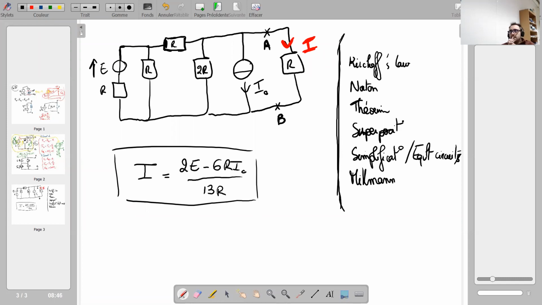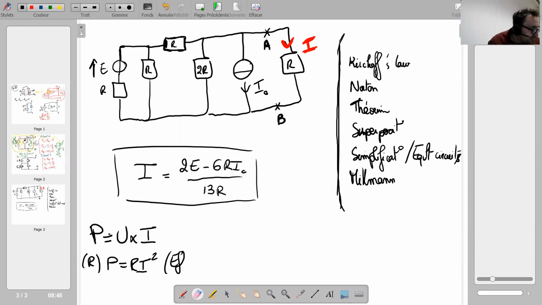It again equals the voltage between the terminals of the resistor times the current. Because power is voltage times current, in the case of a resistor, because of Ohm's law, you know that U equals R times I, so you end up with this formula.